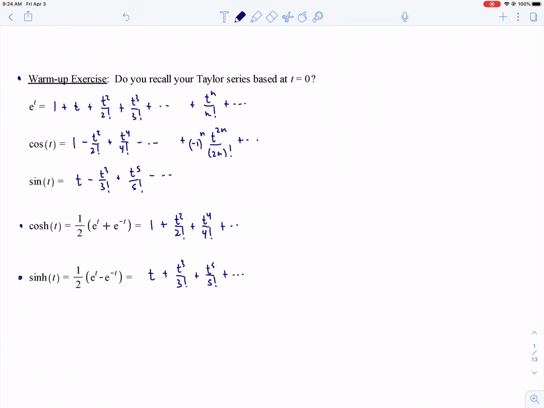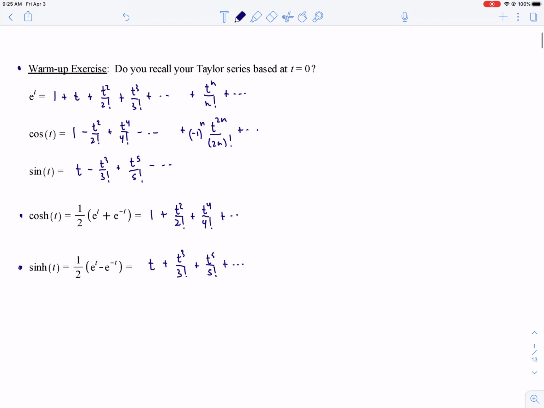And actually, when you compare cosh and cos, notice that if you just take cosine of i t, using the power series to define it, then since i t quantity squared is minus t squared, and so on, you'll notice that cosine of i t is actually the same as cosh of t.